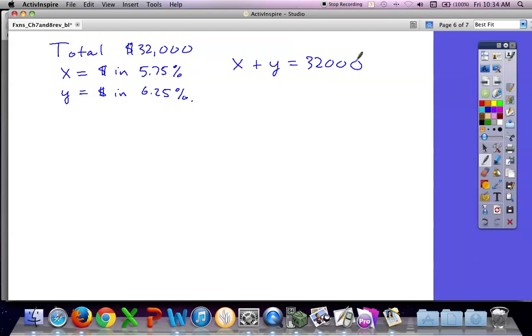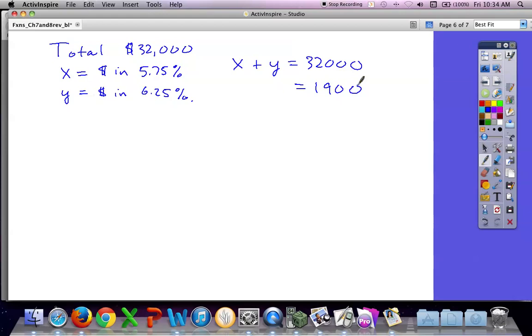And the second thing, it says the guy wants to get interest back at the end of the year of $1,900. What does that make the second equation? If he makes a total of $1,900 interest, what will go on the left? Well, you need the percents, right?